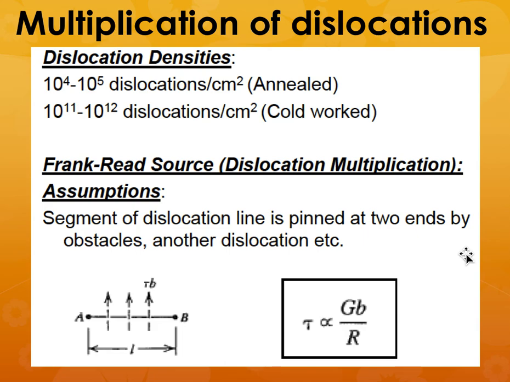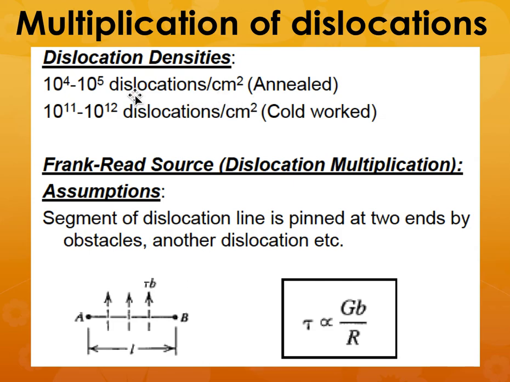You have to be able to multiply the dislocations, and not just multiplying by many times. If you just take a material that has just been annealed, they do have dislocations even in the annealed state.